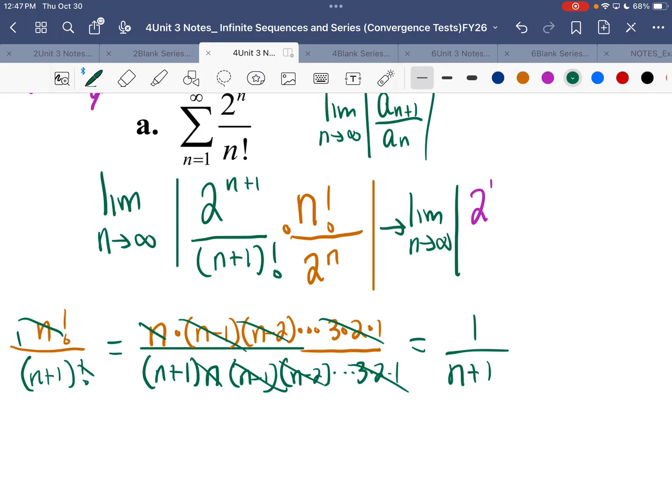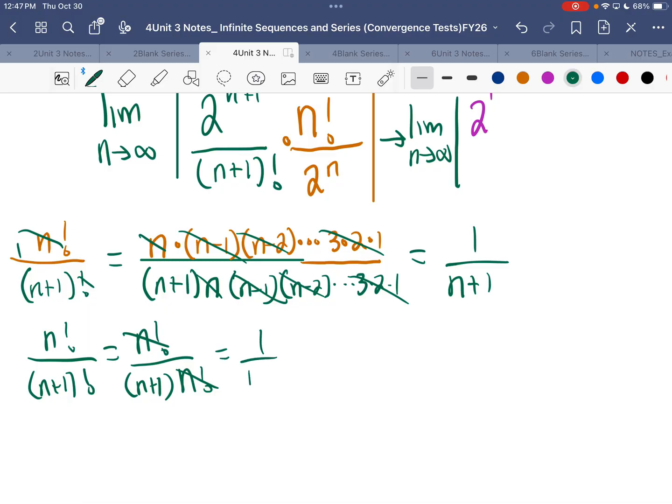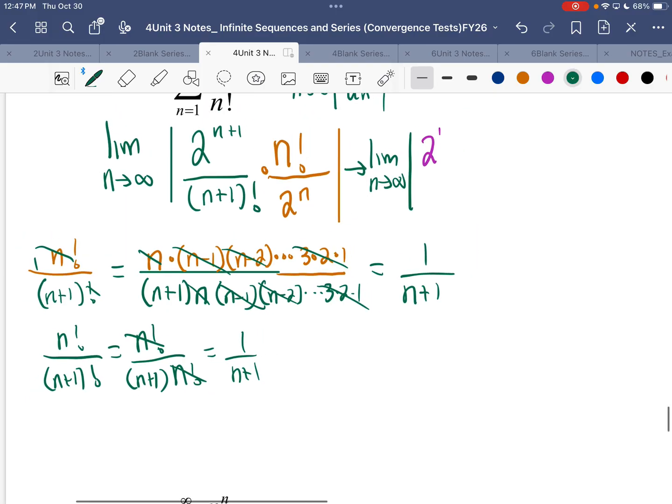Also, the more common thing, if you look up a video, most of the time you're going to see someone reduce it like this, instead of doing the full expansion. But either way, as long as you realize that you're just going to be left with an n plus 1 as a denominator.